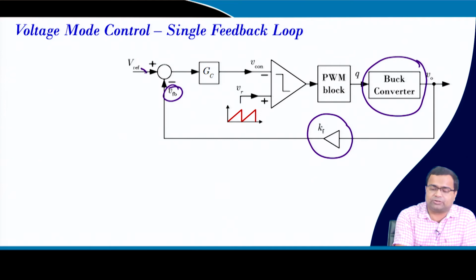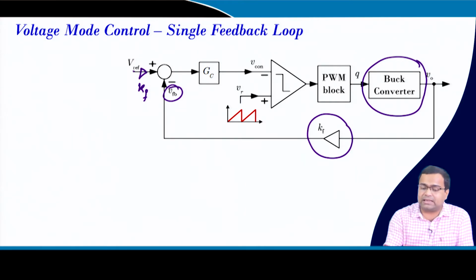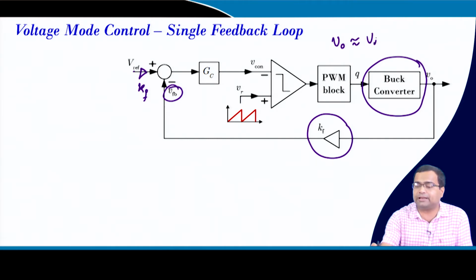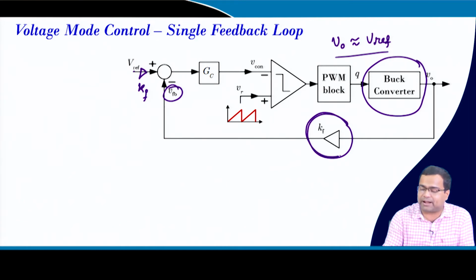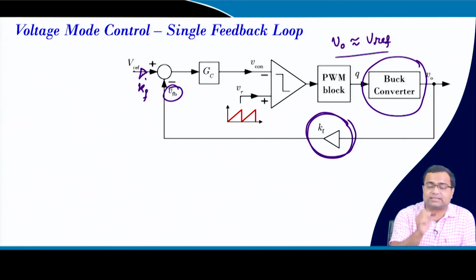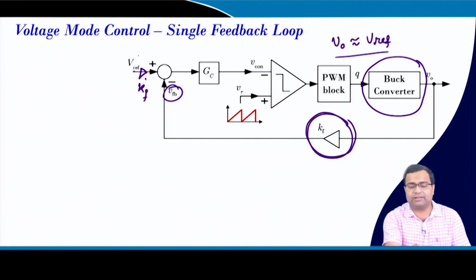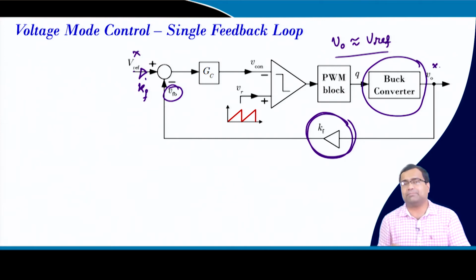In fact, the reference voltage also should have a feedback gain, because you need to scale the reference voltage accordingly in order to match. That means our objective ultimately is to obtain V0 equal to Vref, the desired voltage, at steady state. So, if you step down by a factor of kf, then you have to make a scaling factor here, so that Vref to V0 can be mapped.